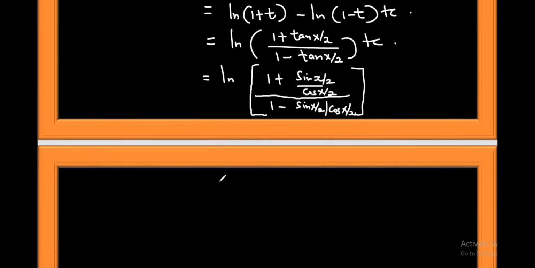Now, from here, we can clearly see that we shall have a natural log of, when you take the LCM for the upper part, it is cos of x out of 2.